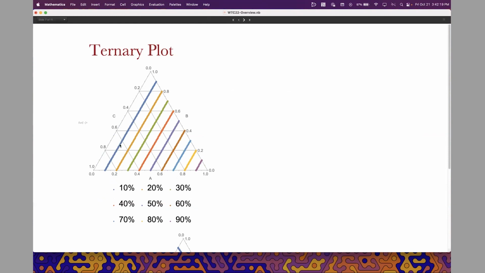What these correspond to, like this blue line, the longest one, is any element that is 10% component A. So A is along this bottom axis, and everything along here corresponds to 10%, at 0.1, and so on. And then going around, you get lines going in other directions.